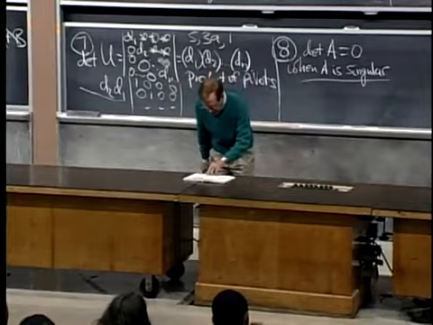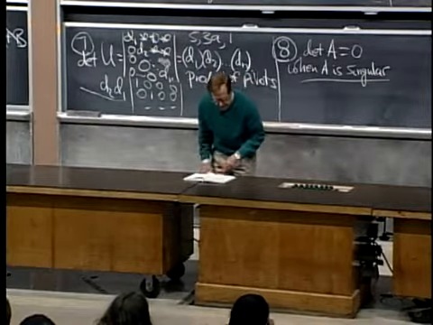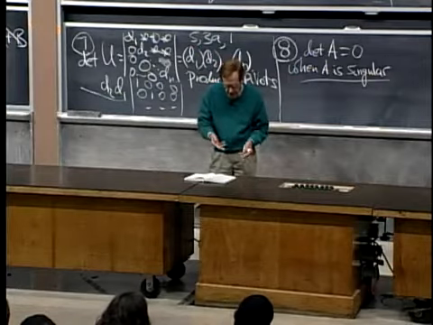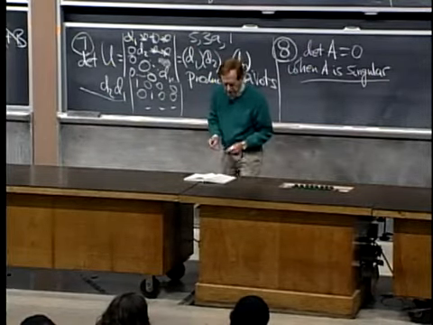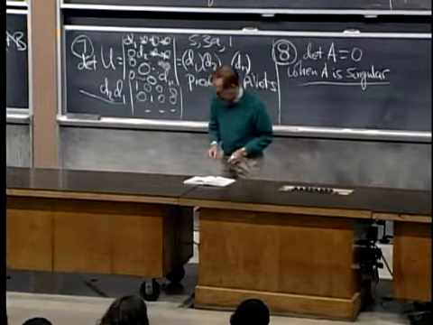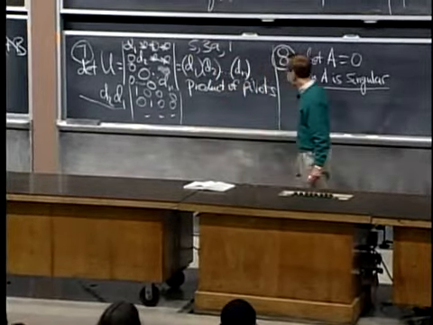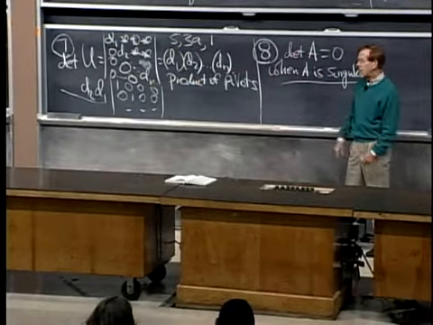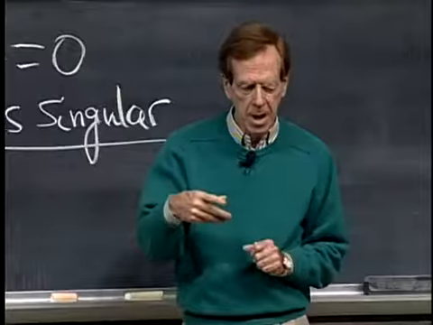Did I have anything to say? The proof that starts by saying, by elimination, go from A to U. Oh, yeah. Actually, it looks to me like I haven't said anything brand new here. Let's just remember the reasoning.